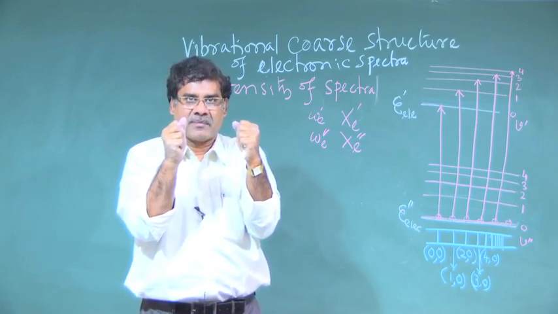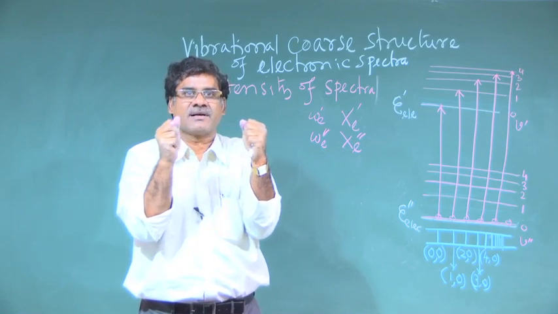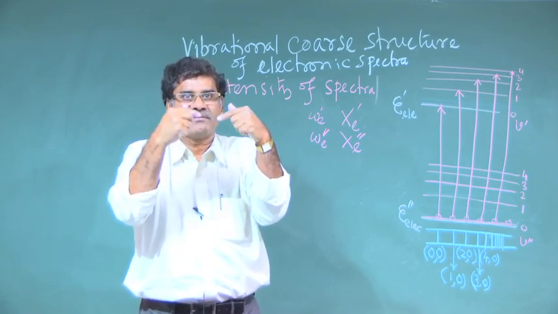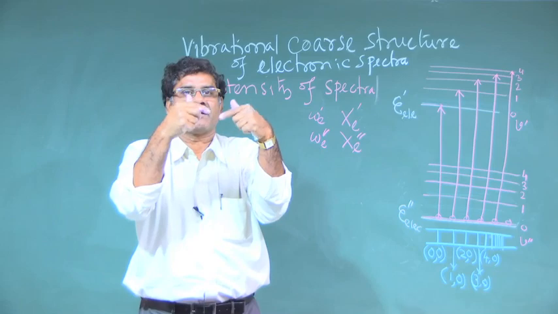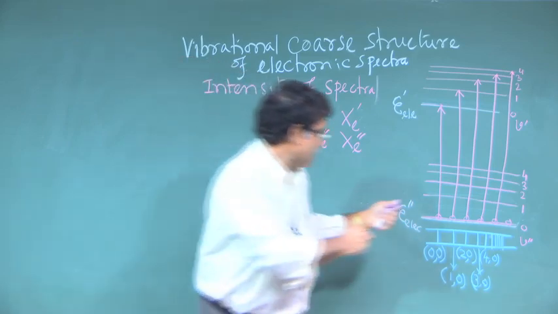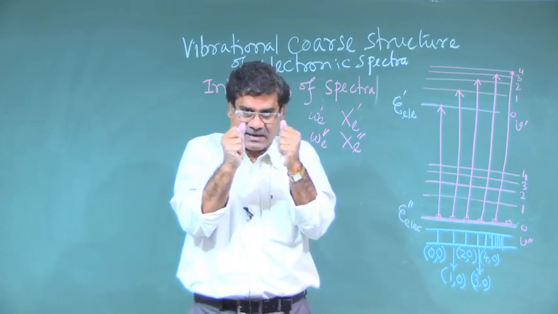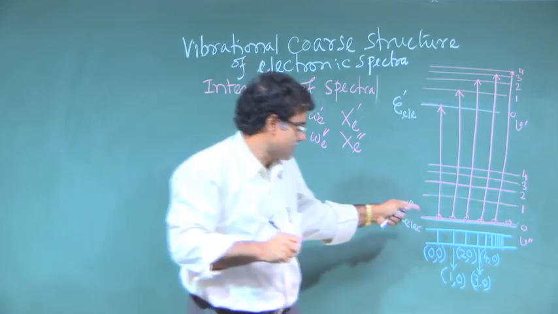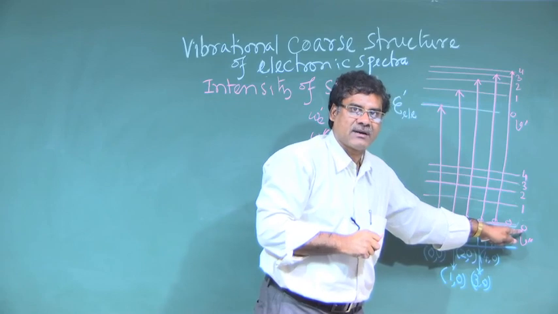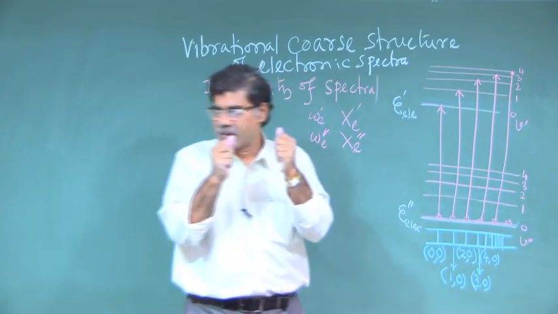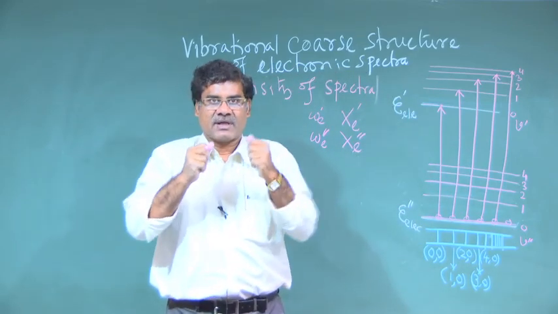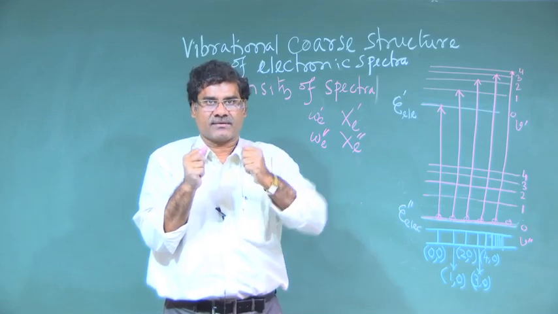So, separation is changing, their energy is changing, so they will be in different energy states, okay. When it is here, they are in the equilibrium distance because V double dash equals 0. So, that is the vibrational state.